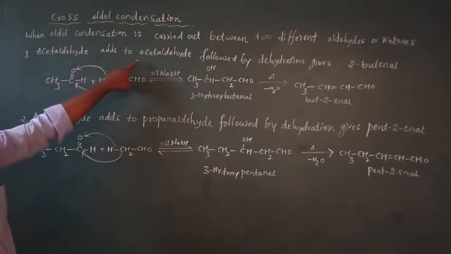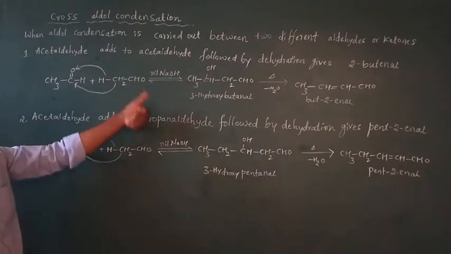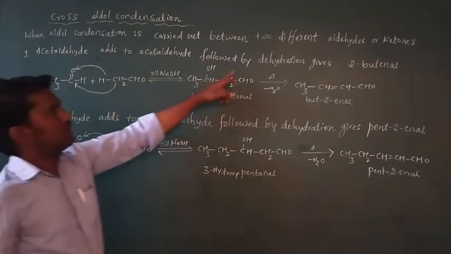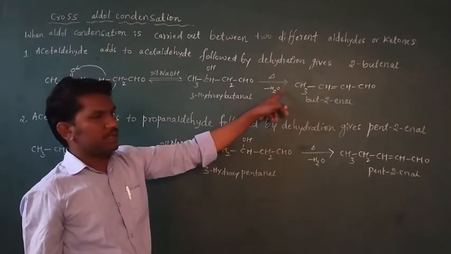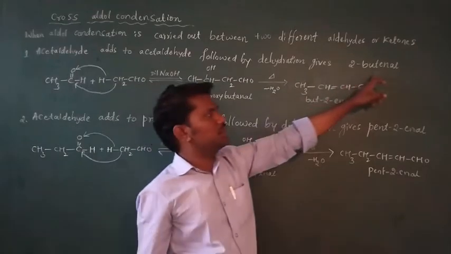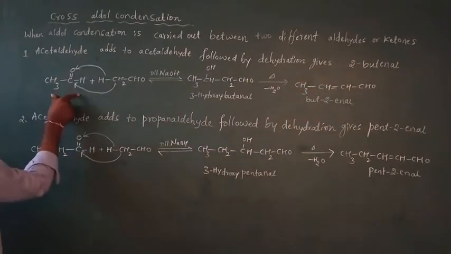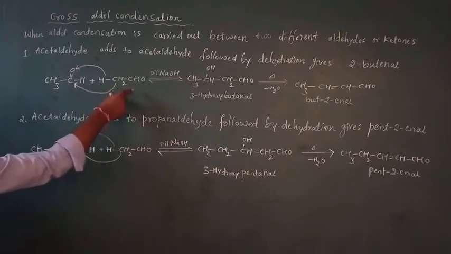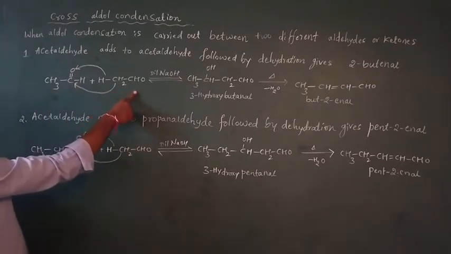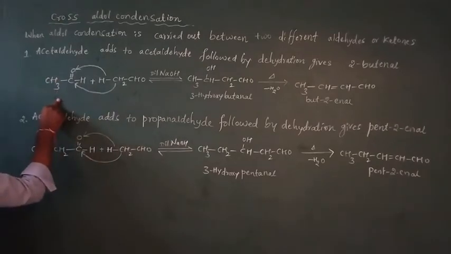First, acetaldehyde adds to acetaldehyde, followed by dehydration, removal of water, to give 2-butenal. Let us see. One molecule of acetaldehyde, CH3CHO, is added to another acetaldehyde.